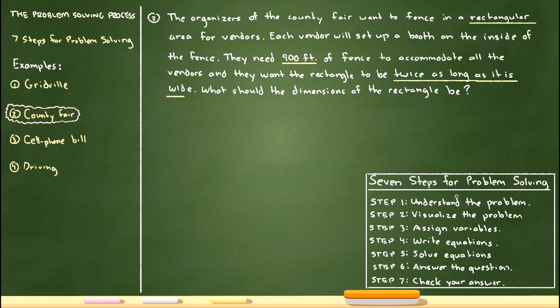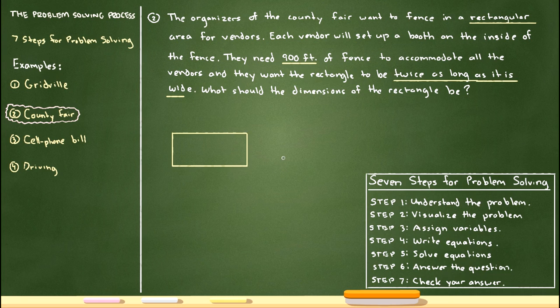Okay, so understanding the problem, we have a shape, we have a rectangle. So we may want to visualize this with a drawing. Okay, this is going to help us understand the problem as well. So we have a rectangle, so let's go ahead and draw the rectangle. So there's going to be my width, there's my length, there's another width, and there's my other length.